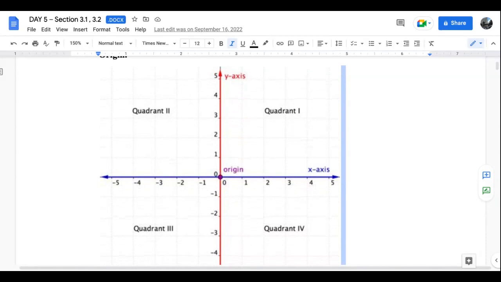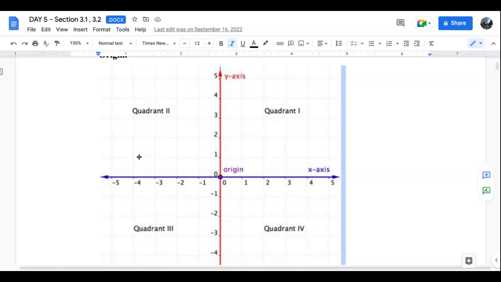And with this system, we have quadrant 1. In the first quadrant, the x value is positive, the y value is positive. So any point in quadrant 1 has a positive x value and positive y value. And mathematics likes to go counterclockwise. So quadrant 2 is here, going from quadrant 1 to quadrant 2, counterclockwise.